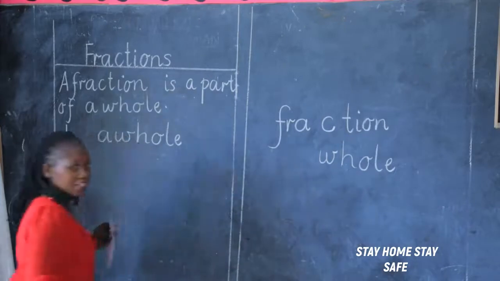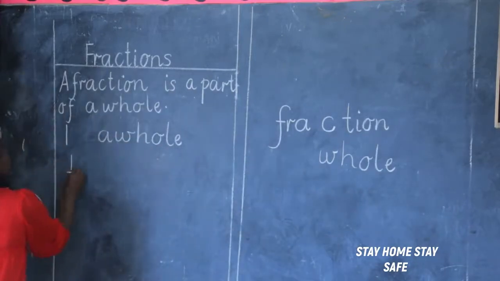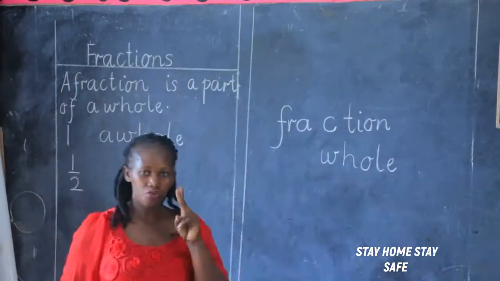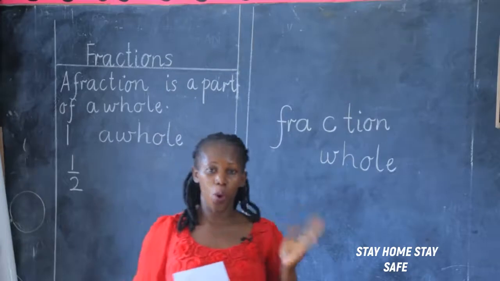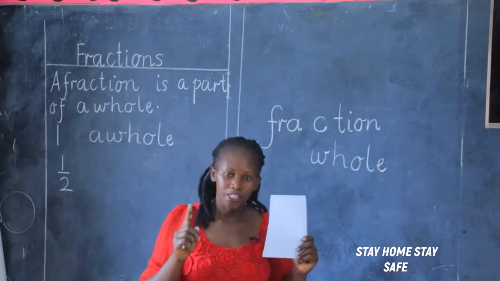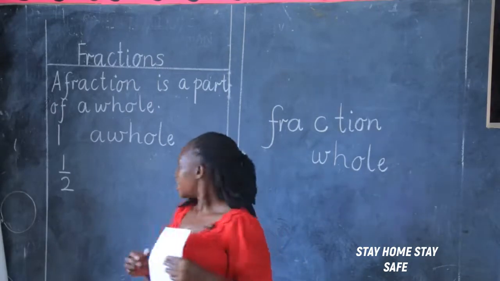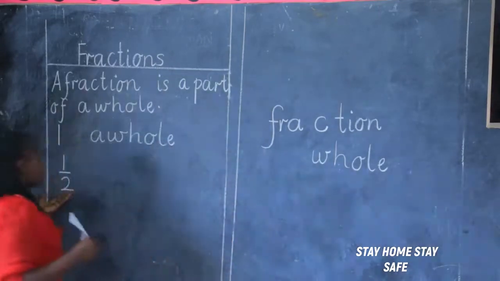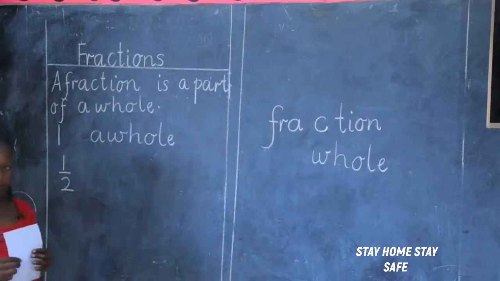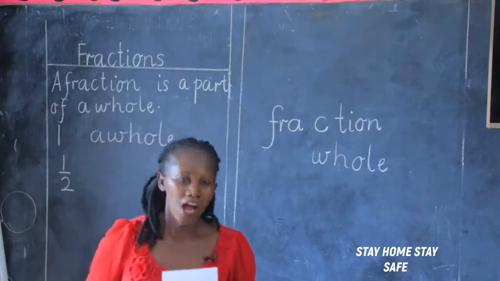This is how I write it. I have given my friend 1 part out of 2 parts. I had 2 parts, remember? I've given out 1. I have remained with 1. So I gave out 1 part out of 2. I remained with 1 part out of 2. This fraction here is called a half.